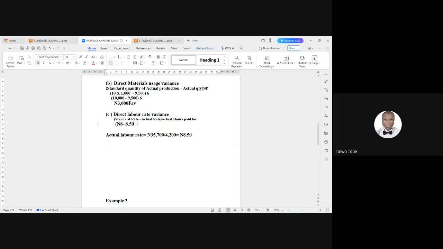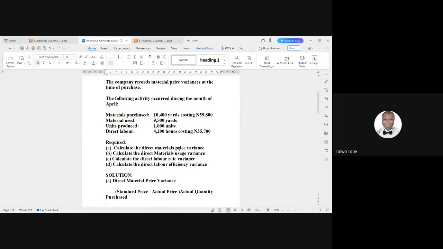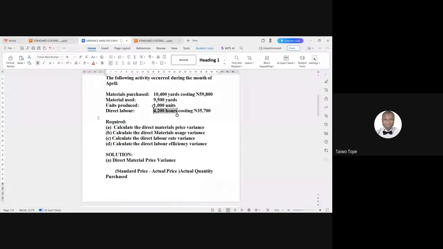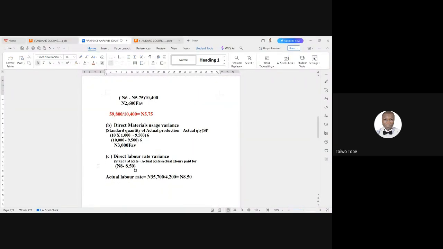So coming back here, the actual hours paid for is what? You've actually paid for this number of hours, 4,200 hours. So you multiply that by 4,200 hours.